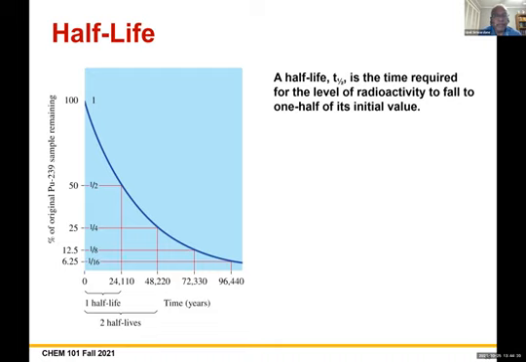You see 100 to 50, that is the half-life. For this particular species, the half-life is 24 years. Two half-lives is twice that, and then it becomes 25%. Like that, in a graph, you can see how it goes down.